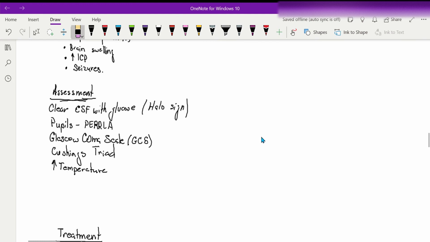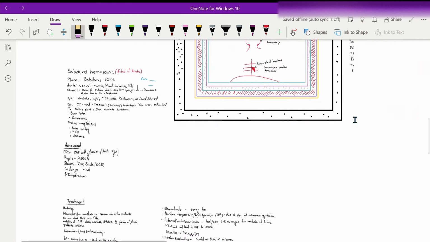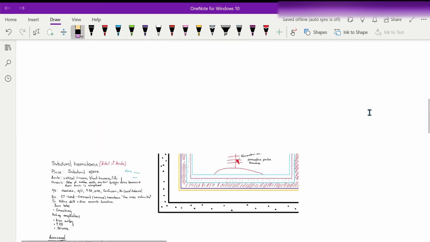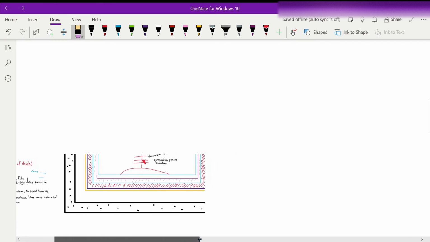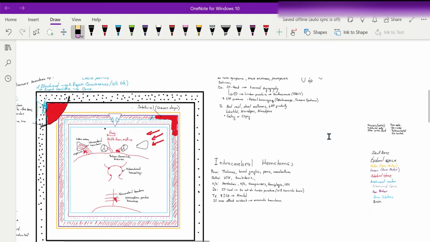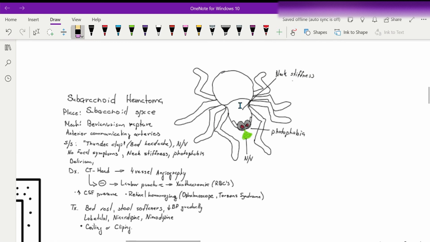Postoperative complications: brain swelling, increased intracranial pressure, and seizures. So subarachnoid hematoma. Those occur underneath the arachnoid layer.